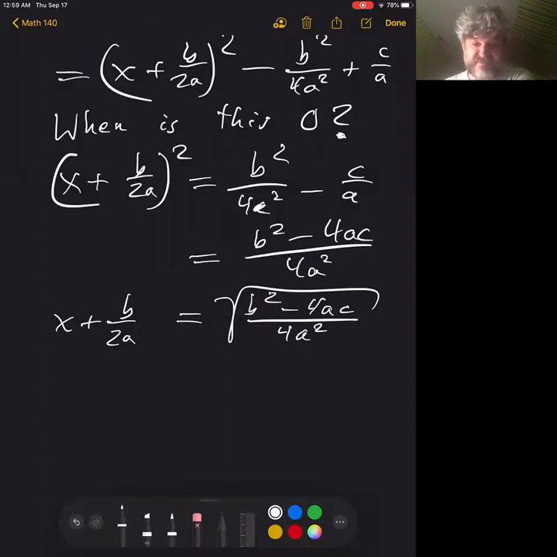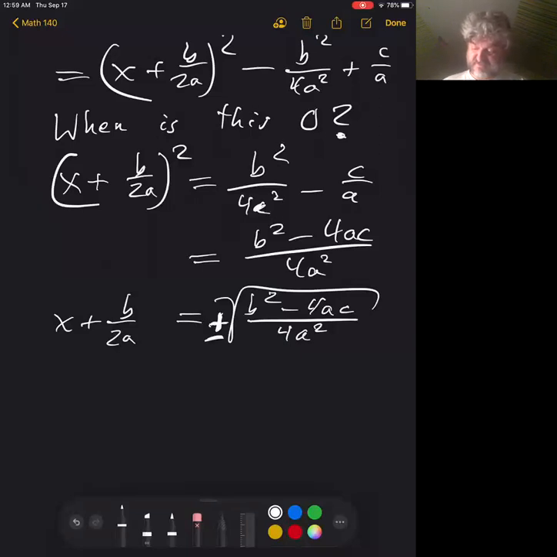But remember, there was a practice exam problem where this led to a mistake. Namely, the square root is always the non-negative answer. And of course, that x plus b over 2a could be negative. So we've got to put a little plus minus sign. And then everything is actually true.